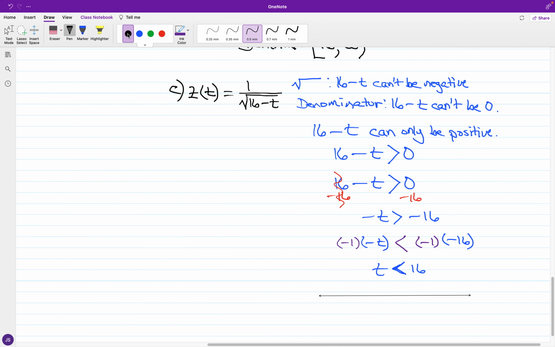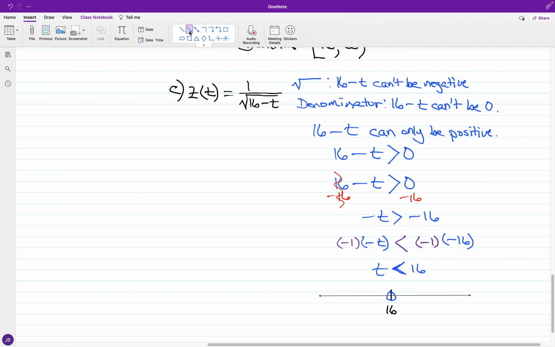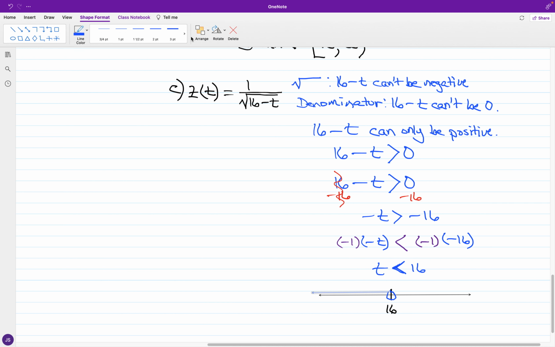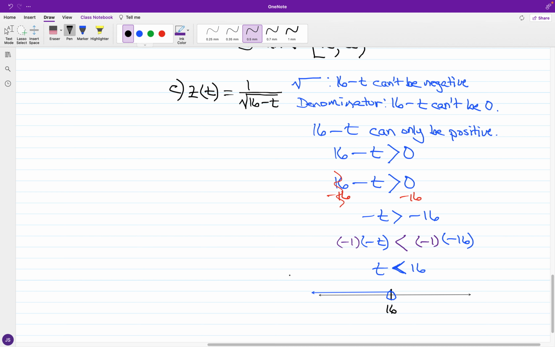And for graphing, instead of a closed point, we're going to have an open circle or a parenthesis. And for the values applied, you have those that will be less than 16. So we're going to have a ray that will proceed to the left and head out continuously toward negative infinity.